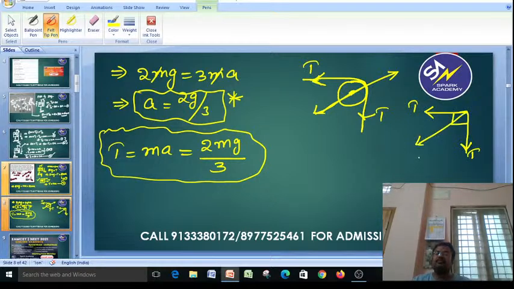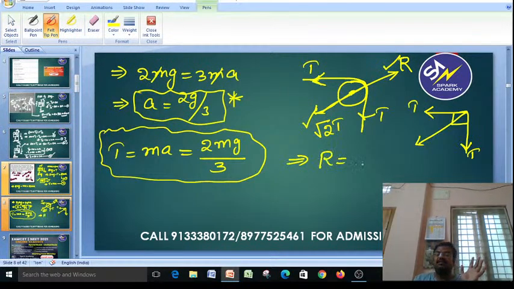Then what you will get? The resultant tension force, when you calculate it, is root 2 into T. So the reaction force exists in the opposite direction of the resultant of the tension forces. The reaction force is balanced by root 2 into tension, the resultant of the tension forces.